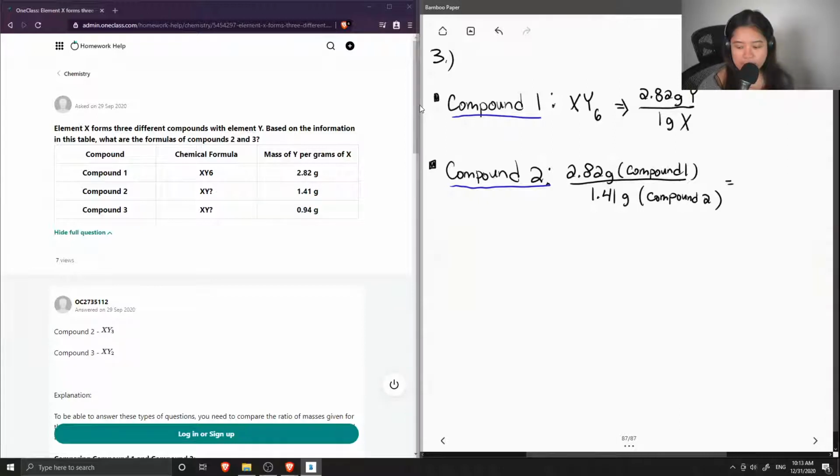So if we divide the two together, we get a ratio of 2 to 1 for compound 1 to 2. So therefore, compound 2 has half the amount of Y compared to compound 1. So that means its formula would be XY3.